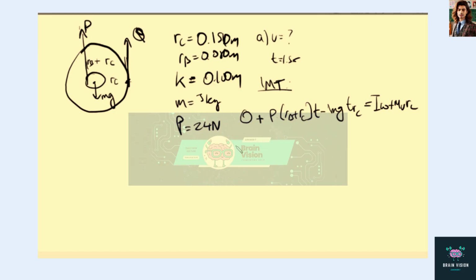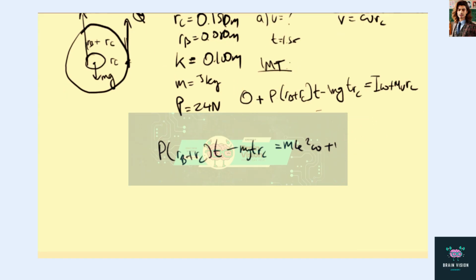So now we're going to solve. We're going to expand this out a little. So 0, now we have P times (RB plus RC) times T minus mgt RC is equal to m k squared omega plus mv RC. But you'll recall that v is equal to omega times RC.